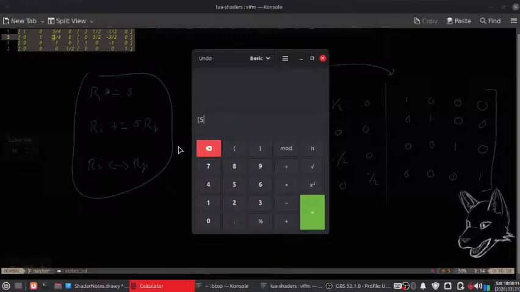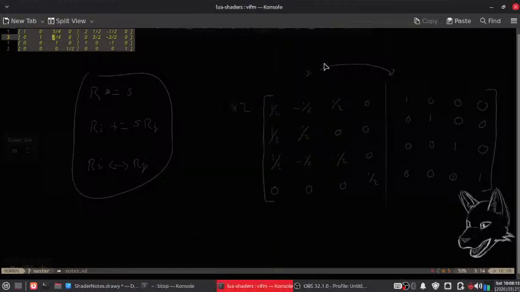Oh, actually, okay. Yeah, let's get rid of that. So that is R0. Well, actually, R0. Alright, I can do that. So minus 3/4.